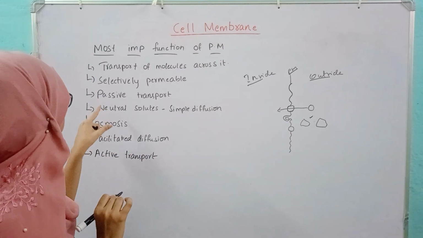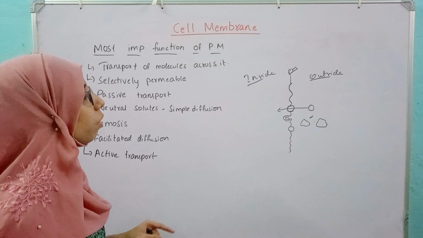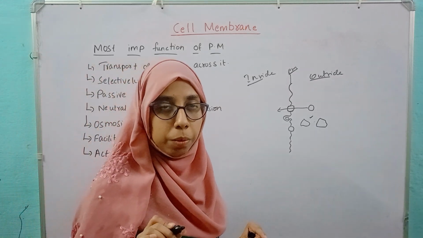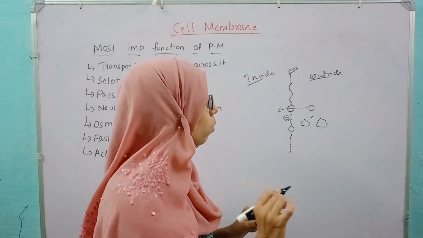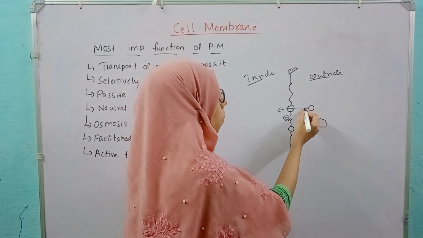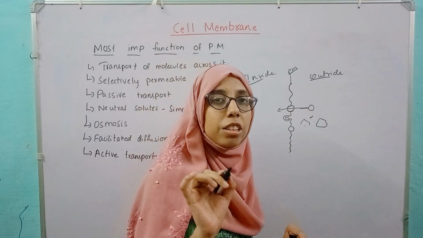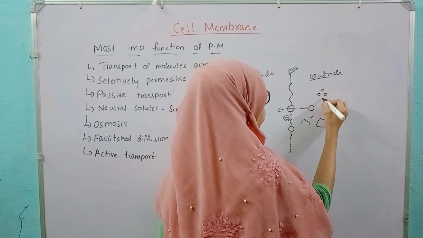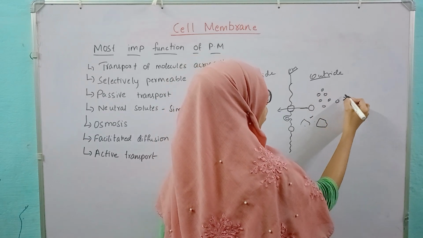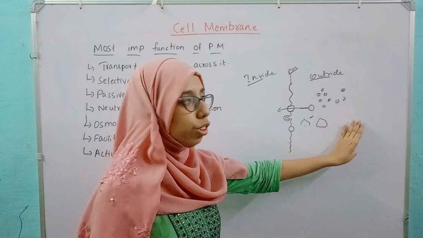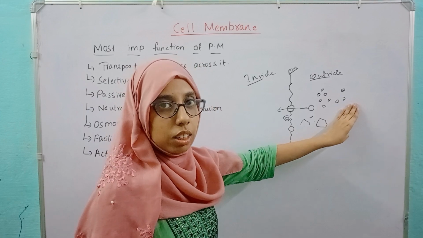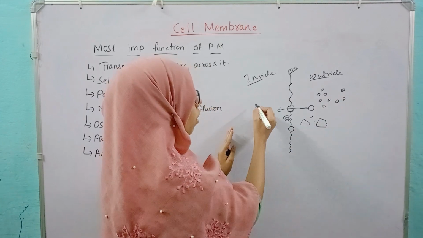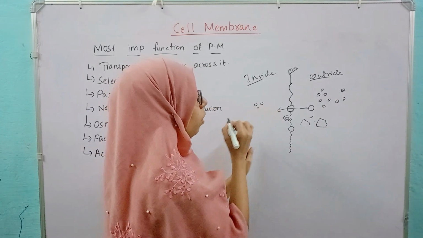Now we know why it is called selectively permeable, because it selects some molecules to pass through and others not. Passive transport. What is meant by passive transport? If some molecules pass through the plasma membrane based on the concentration gradient, for example, these molecules are present in a large amount, a high concentration on this side, and here there is a low concentration of these molecules.